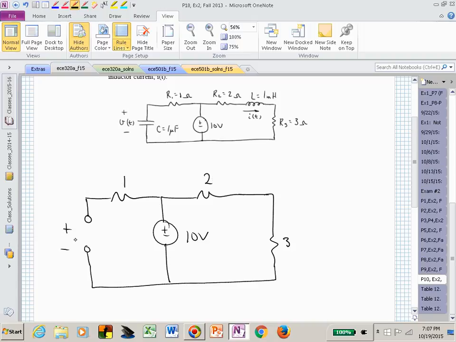Did I just say limiting value? So I could call that V sub C of infinity, and this is I sub infinity. Oh, I didn't even label that with a subscript. I just called it V. And now you're just trying to find those two unknowns.